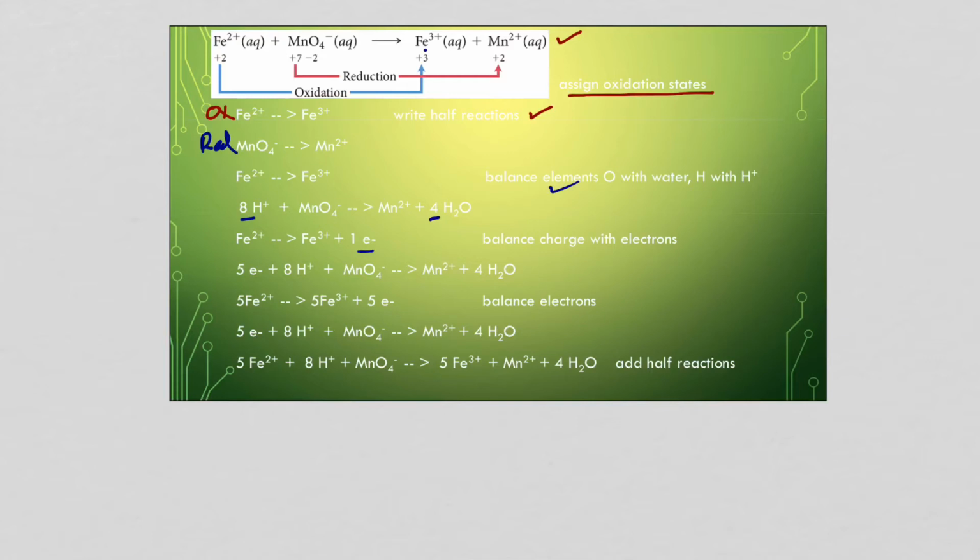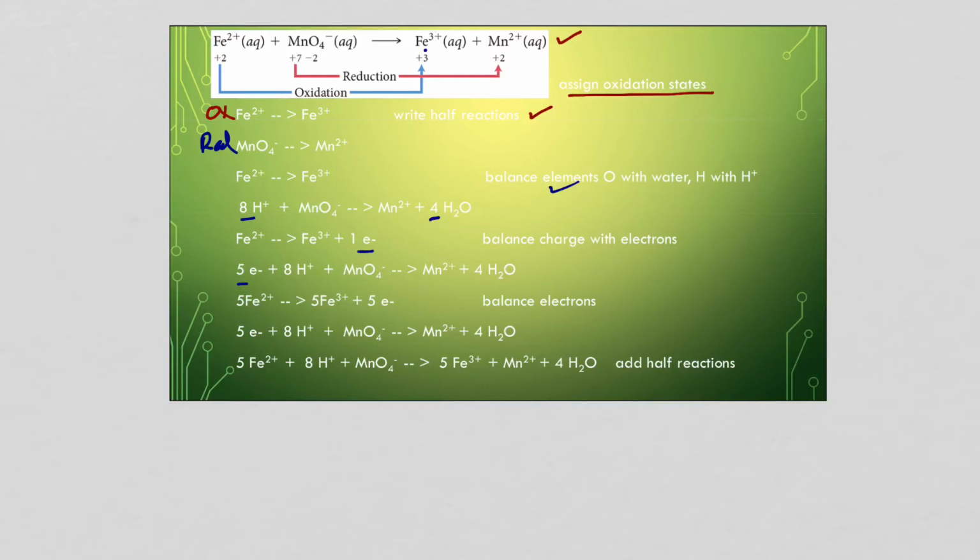We've gone from positive 7 to positive 2. That's reflecting a 5 electron gain in oxidation state. So we're going to show a gain of 5 electrons, and that will balance my charge on both sides.